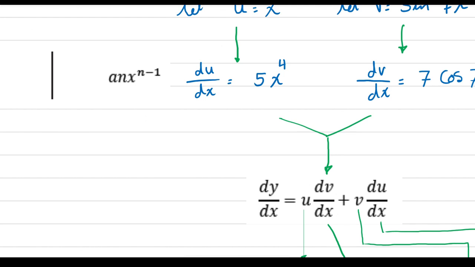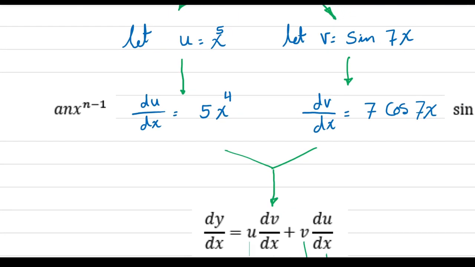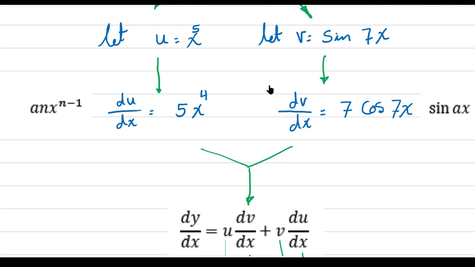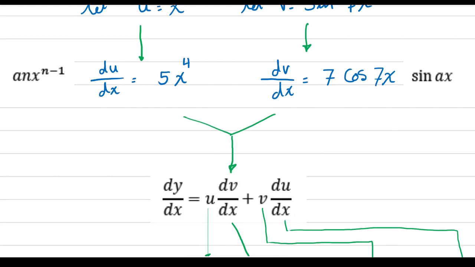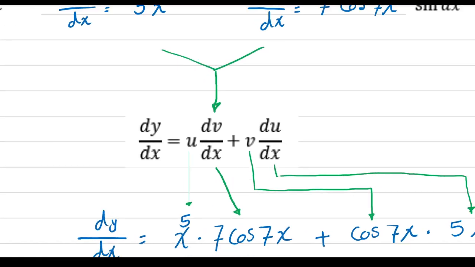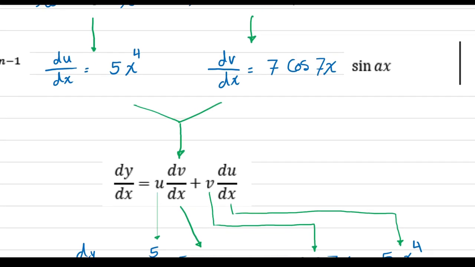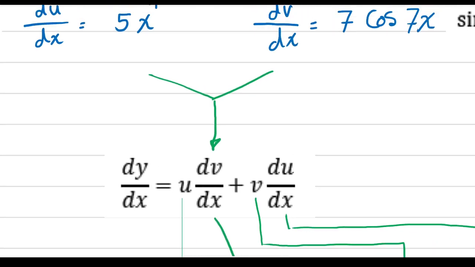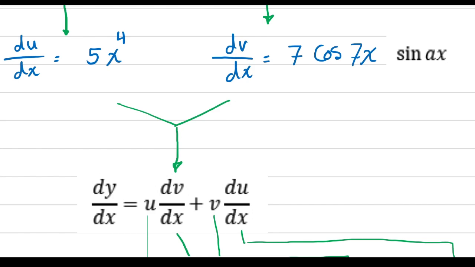Now we have u, as you can see here, and you replace u in the equation. You already have dv over dx here, and then you replace it.